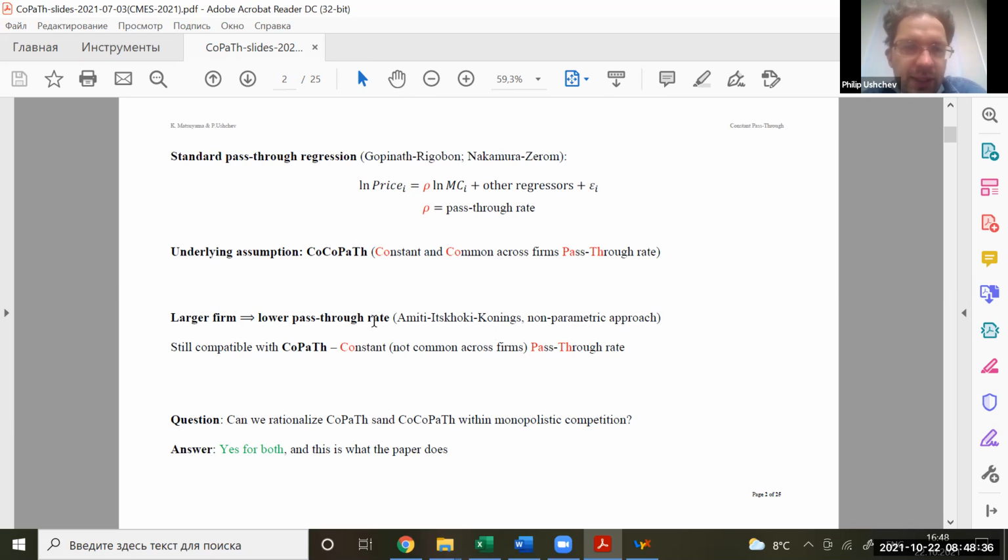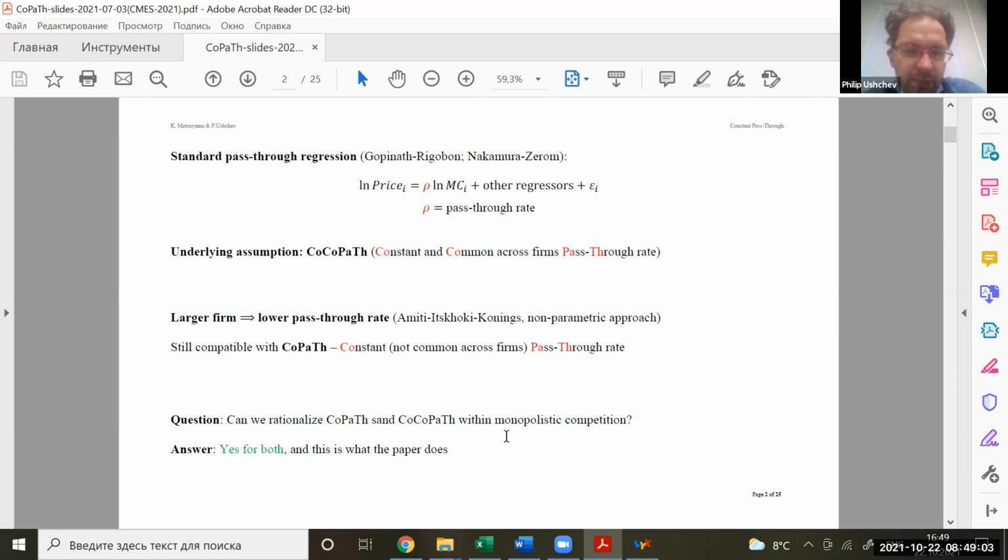However, this evidence is still compatible with constant pass-through, even though not common across firms, even with monopolistic competition where all firms are non-atomic. So the question is, could we rationalize these constant pass-through and common pass-through assumptions within monopolistic competition?